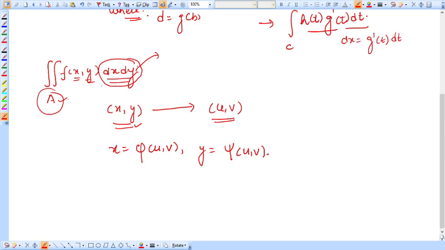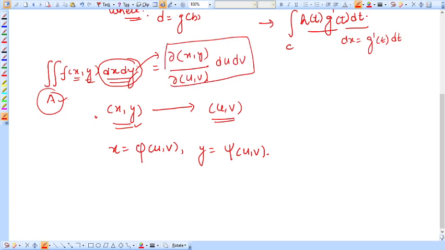Similarly here, dx dy will be equal to the Jacobian of x, y with respect to u, v, times du dv. This is the Jacobian of x and y, and it is denoted by J in bars.